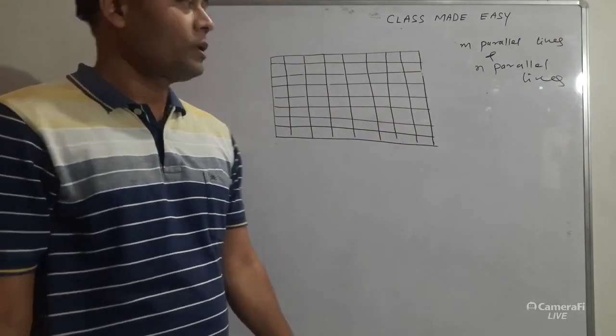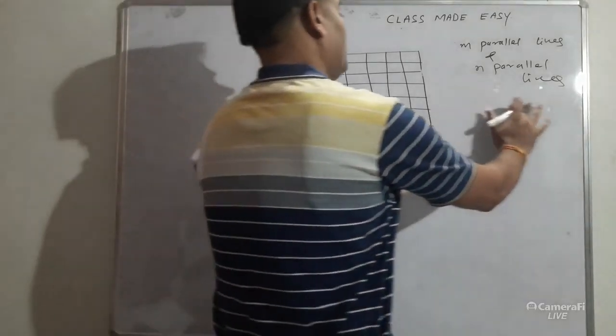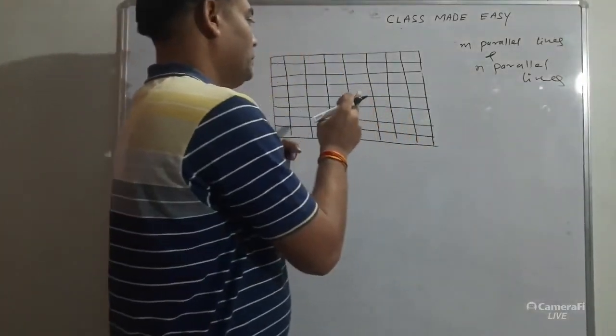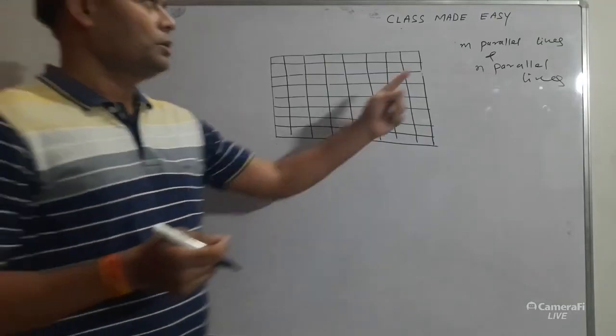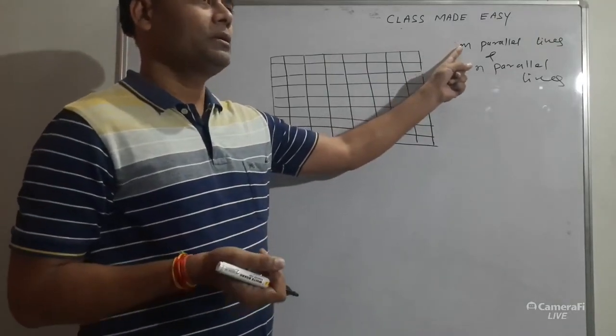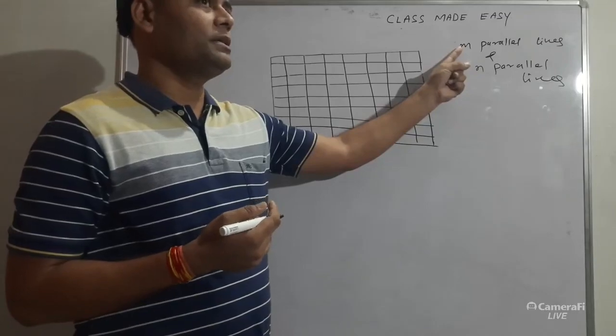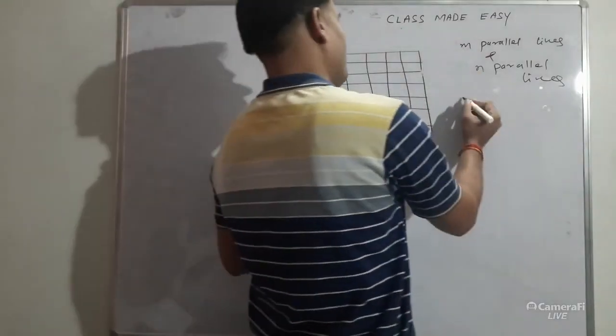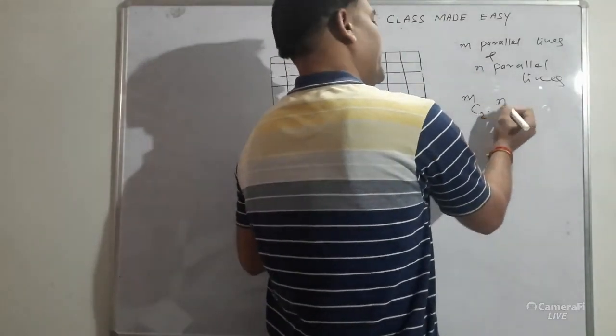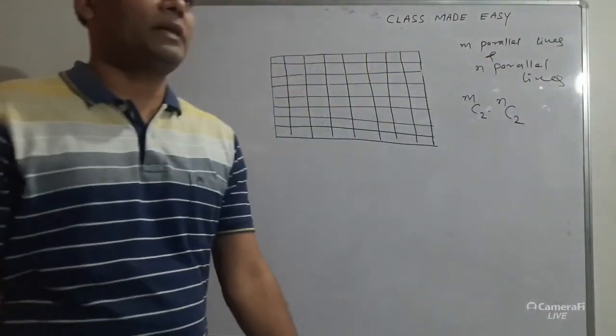So if we want to find parallelogram or rectangles, we have to choose 2 lines from the horizontal lines, and 2 from the vertical lines. So if I take m on that, mC2, and n on that, it is nC2.